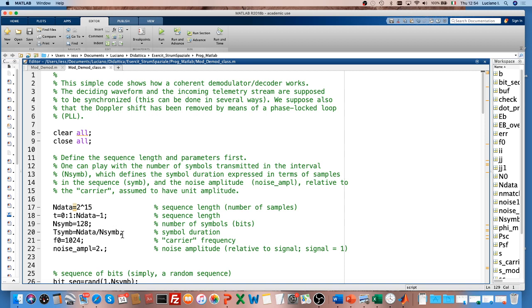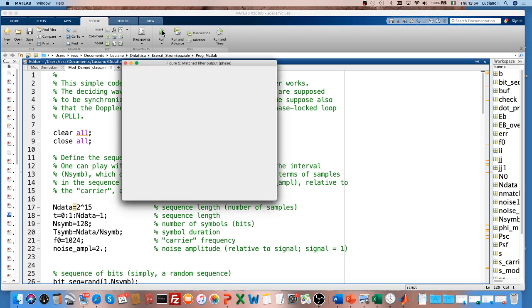And we have a symbol duration which is defined accordingly, and we have a noise amplitude which is twice the signal amplitude. Okay, so the carrier is below the noise. Let us see what is the outcome.